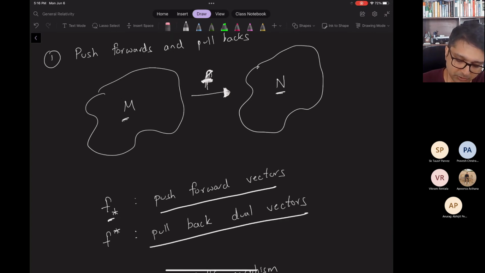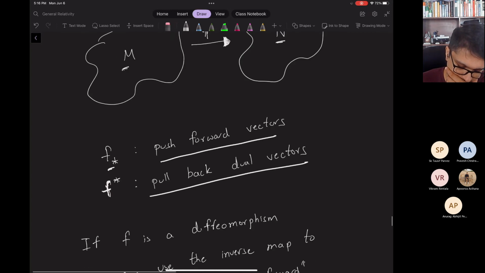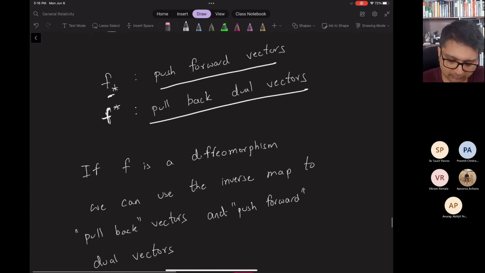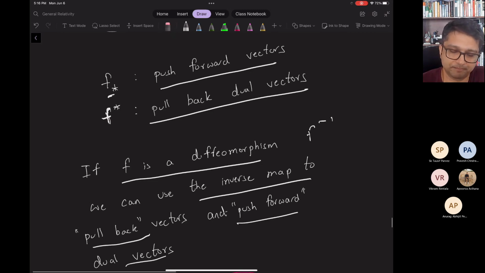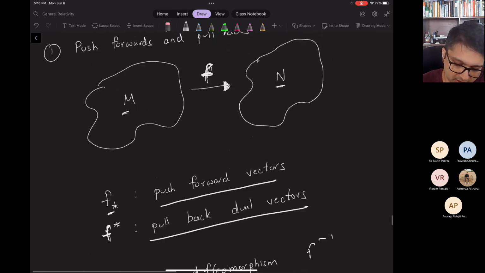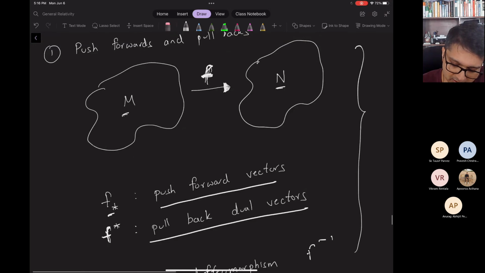And I can pull back dual vectors using an induced map called F upper star. And if F is a diffeomorphism, which means the inverse map also exists, then you can use this inverse map to pull back vectors and push forward dual vectors. So that was what we did 2 classes back.